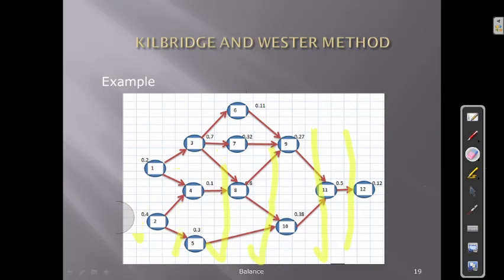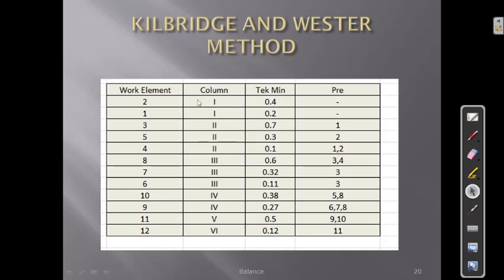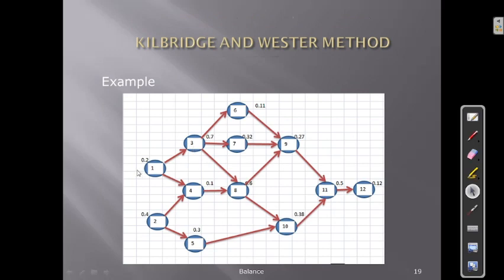Then we take each column according to the time in minutes. In the first column, we look for which element has the highest time. In the first column, work element 1 has 0.2 minutes and work element 2 has 0.4 minutes.